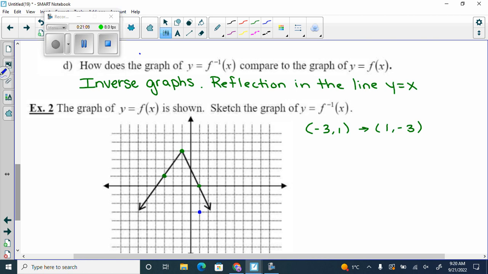And then this one is at negative 1 and 4. It's going to be at 4 and negative 1. And then this one is at 1, 0. It's going to be at 0, 1.